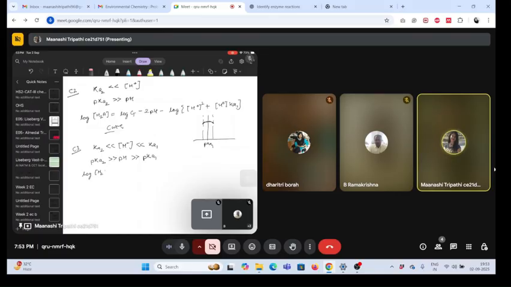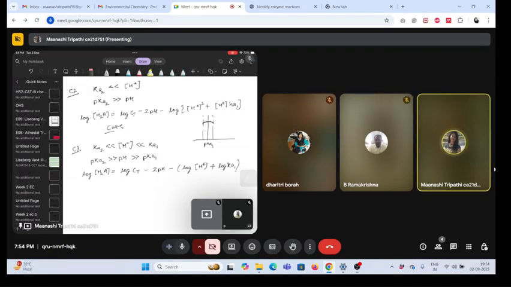Log H2A is equal to log Ct minus 2pH minus log H plus plus log Ka1.